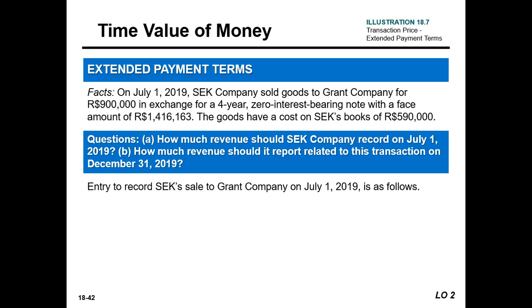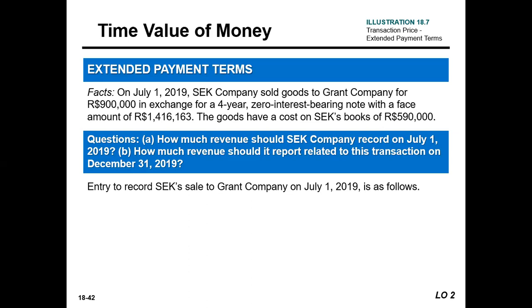The goods have a cost on its books of 590,000. So questions: A, how much revenue should SIC company record on July 1, 2019? And B, how much revenue should it report related to this transaction on December 31, 2019?